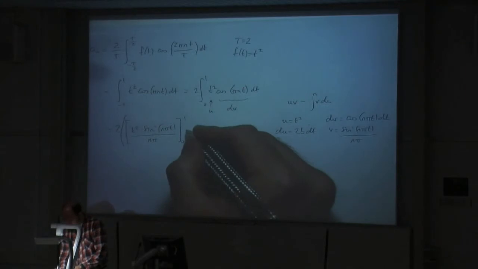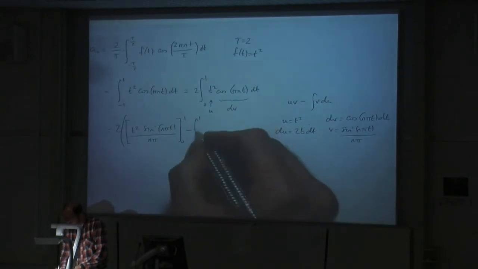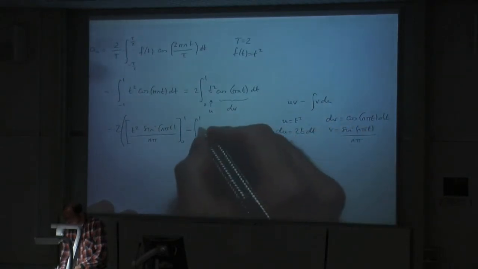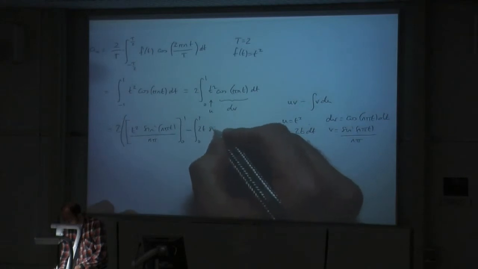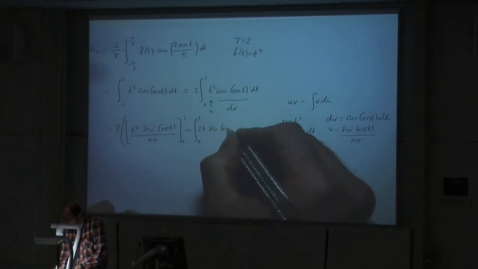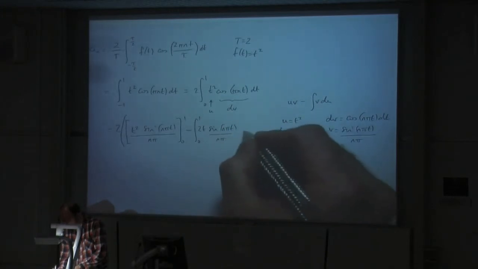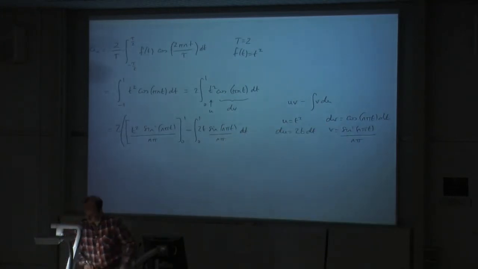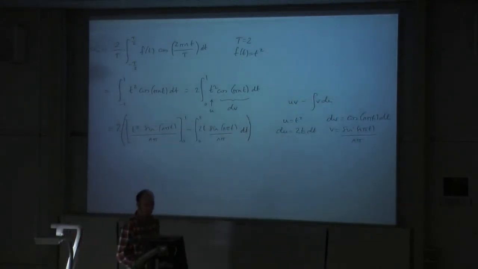Minus the integral between 0 and 1 of v du. So it's 2t sine of n pi t divided by n pi dt. And that whole thing is multiplied by 2.